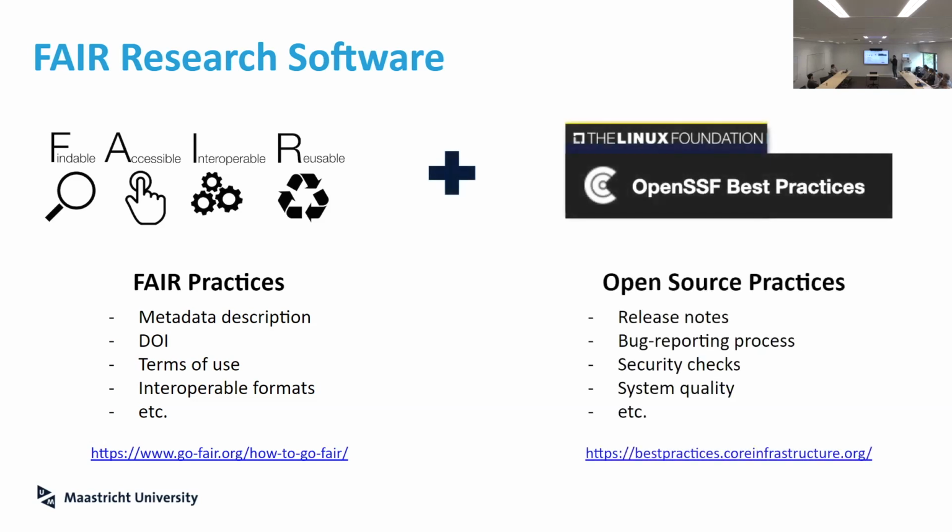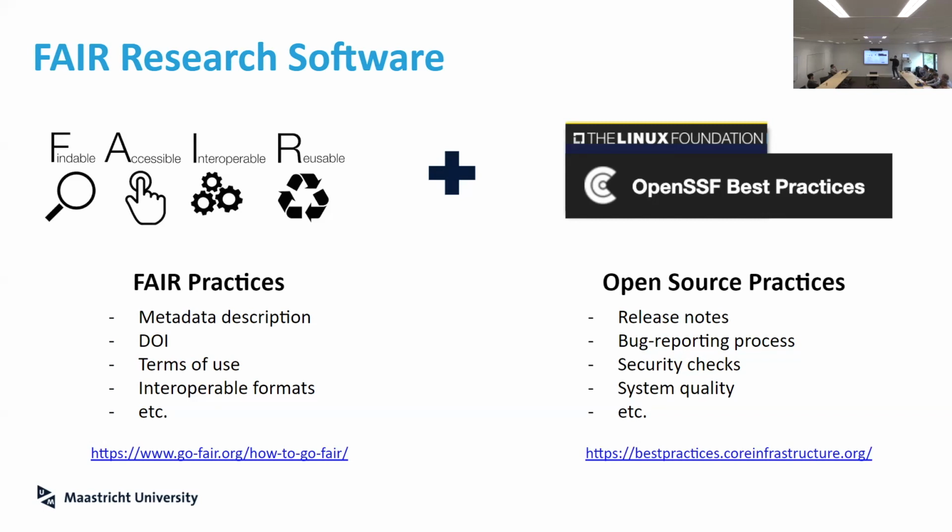But then we combine them with existing practices for open source development, right? So FAIR research software is more or less a combination of these practices, plus other things that we're going to look into. One second. So what are some practices in open source development?